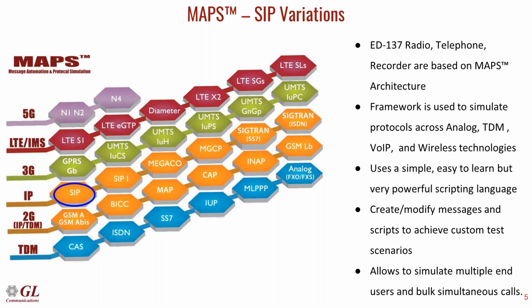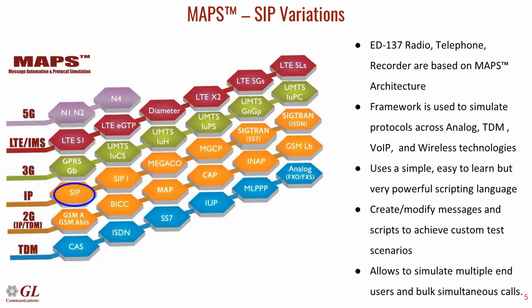So this MAPS framework is used to simulate all our ED137 emulators like radio, telephone, and recorder. As the name says, it is message automation and protocol simulation. This framework is also used to simulate protocols across analog, TDM, VoIP, and wireless technologies. As the name indicates, it provides complete flexibility to create and modify the messages and scripts to achieve all kinds of custom test scenarios, whether valid test cases or invalid test cases.